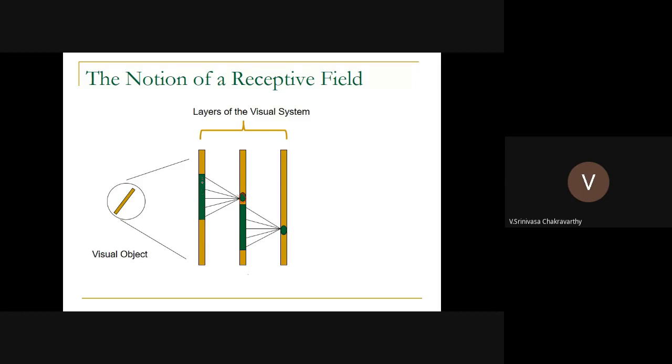So this neuron can only see a small part of the visual world, which is called its receptive field. It is the field over which it receives information. Similarly, this neuron in the third layer receives information from this whole part of the visual field, and each of these can receive information over this part of the visual field.